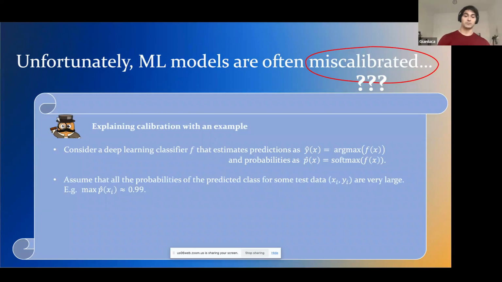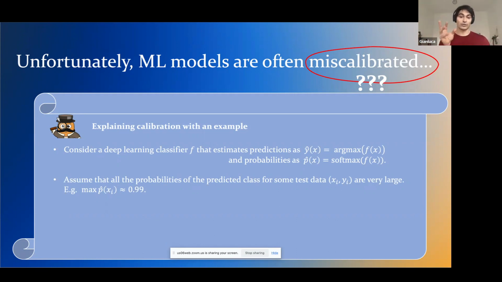Now, let's make an assumption, and this is what often happens in reality. Assume that all the probabilities of the predicted class for some test data x_i, y_i are very large. So you imagine you have a batch of data. You take among the probability vector the maximum probability, so max of p hat.